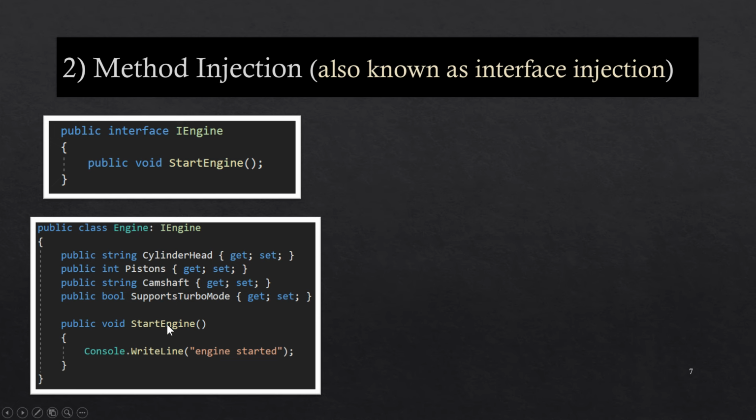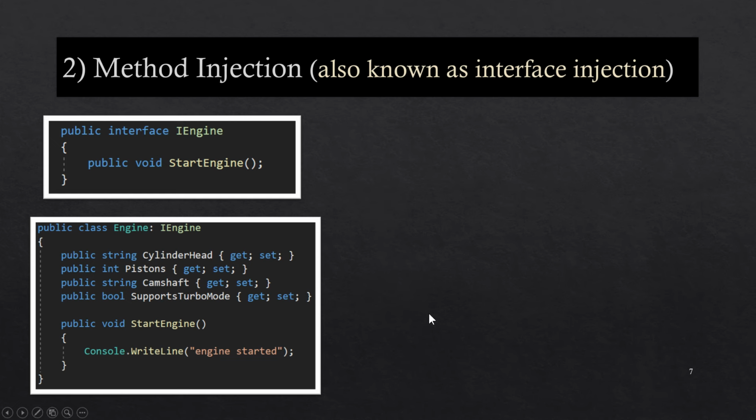It will give an error if we don't put the start engine method in the engine class, because the iEngine is imposing that any class inheriting from iEngine is supposed to have this start engine method.